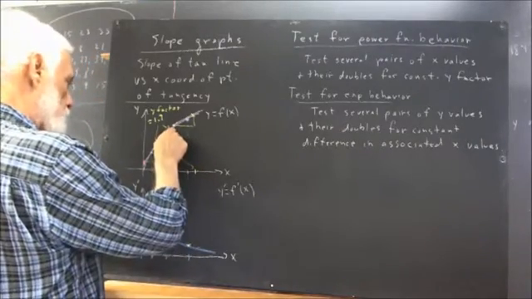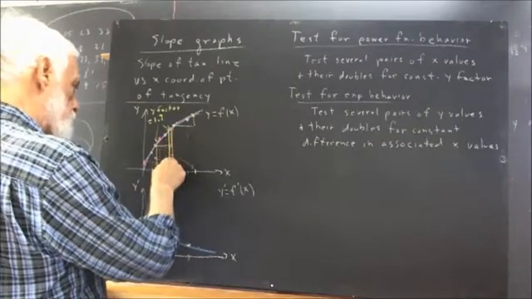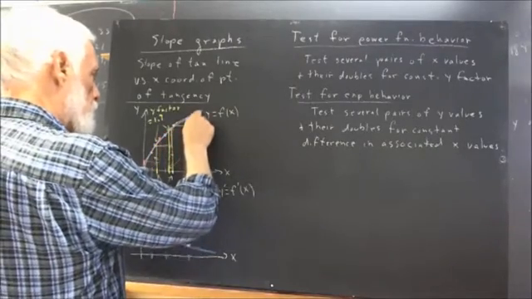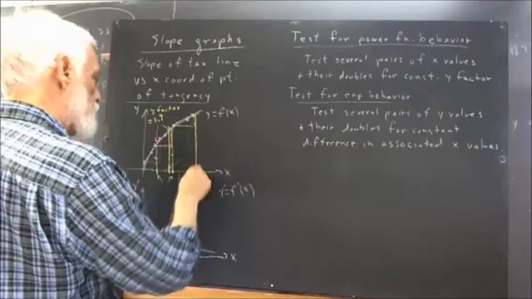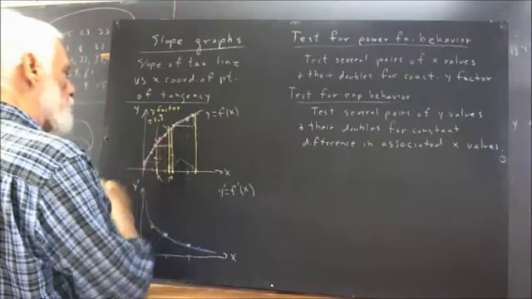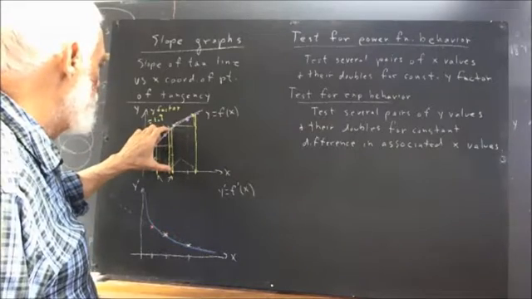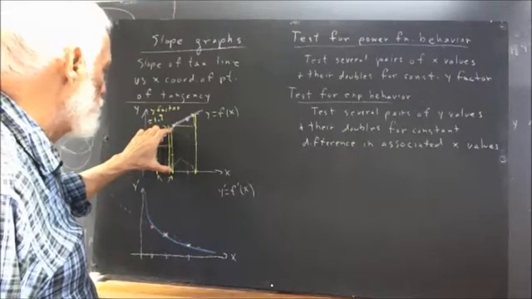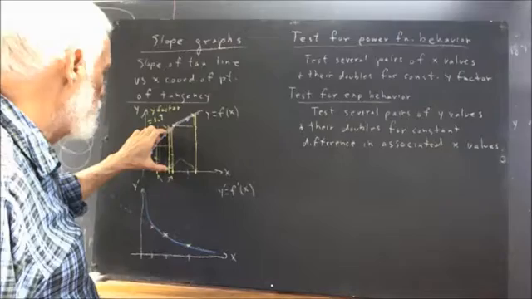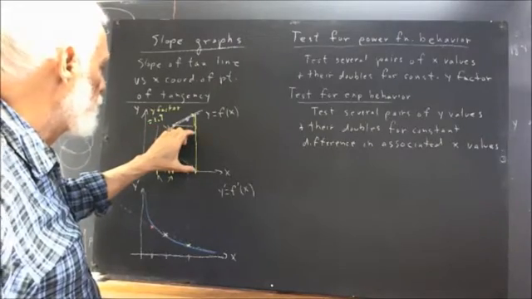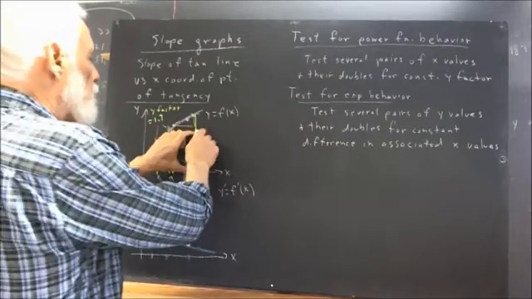Now I'm going to compare the values here and here. So if I go up to the graph here, I get something like this. If I go up to the graph here, I get something like this. It might have been a little too far to the right there. Now let's see what the y factor is between here and here. Okay, so the y value is here. If I come over here, there's the y value.